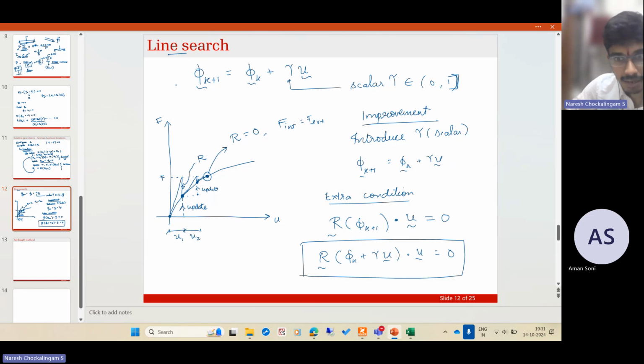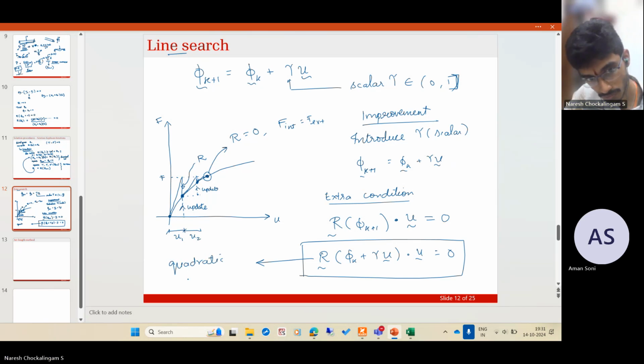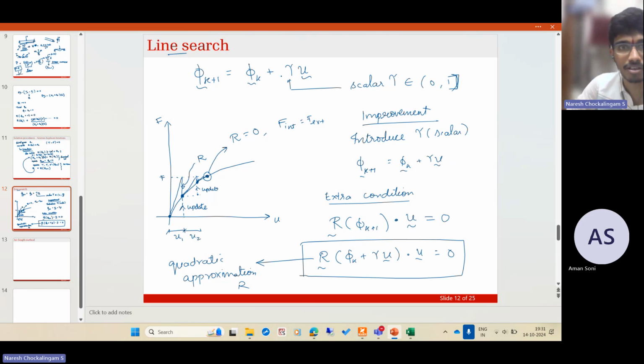In the kth step, you need to solve one nonlinear equation. So this is complicated. If you refer to the slides, there is a quadratic approximation of R, because this is highly nonlinear. You have a nonlinear equation at every step of a nonlinear root solving algorithm. So that is not meaningful.